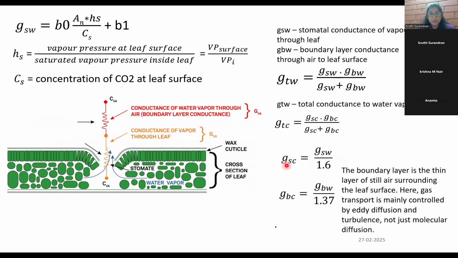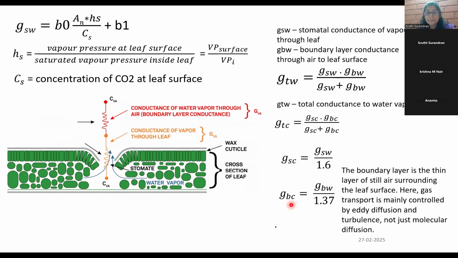But we know that the stomatal conductance to carbon dioxide is the stomatal conductance to water vapor divided by 1.6, considering the diffusivity coefficient that we studied in the last class. Water is a smaller molecule, so carbon dioxide will diffuse at a slower rate, which is again represented by the diffusivity coefficient. So you have to divide the water stomatal conductance by 1.6.